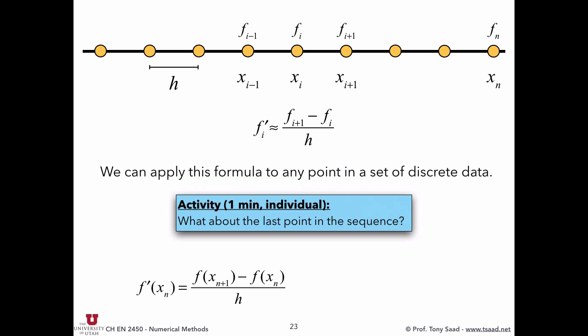But the question is, can this formula apply to the last point? No. Because at xn, it says f prime at xn is f at xn plus 1 minus f at xn over h. But we don't have f at xn plus 1. And don't tell me you extrapolate. You can't create new information out of existing information.